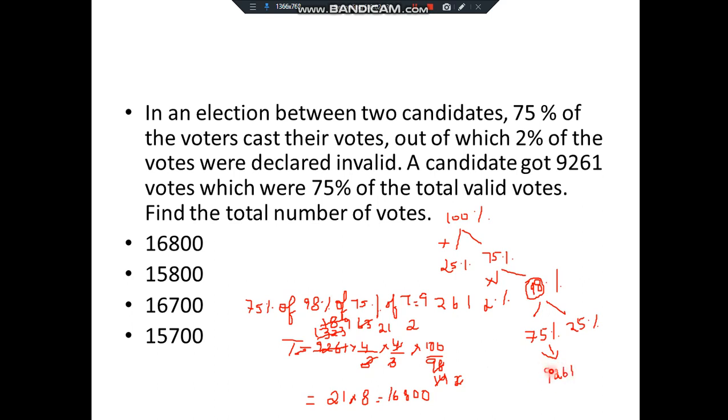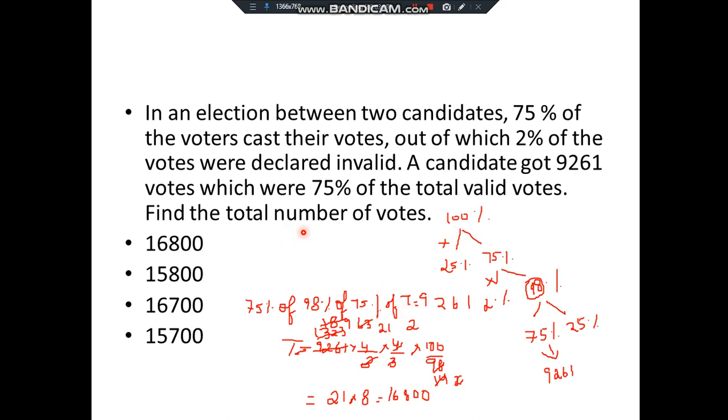See, 75% of the base of that is 98%, right? So 98% of the base of this, again 75%, right? So 75% of 98% of 100%. We should not write it as 100%. Instead, we have to write the letter T, total, because we have to find the number.